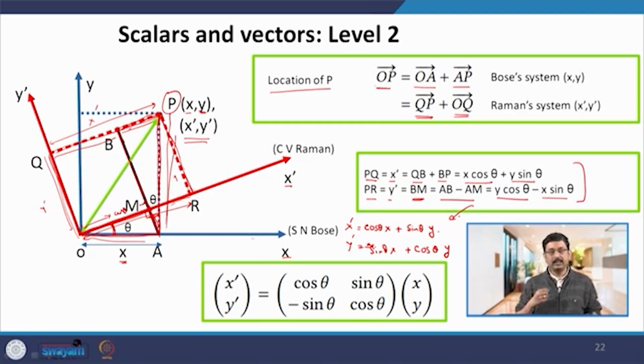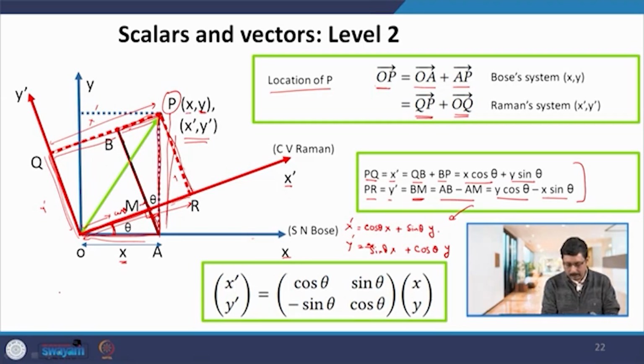if you use a matrix notation. So, some of you may be familiar with the matrices. So, I can immediately write this in a very beautiful way using matrix notation.